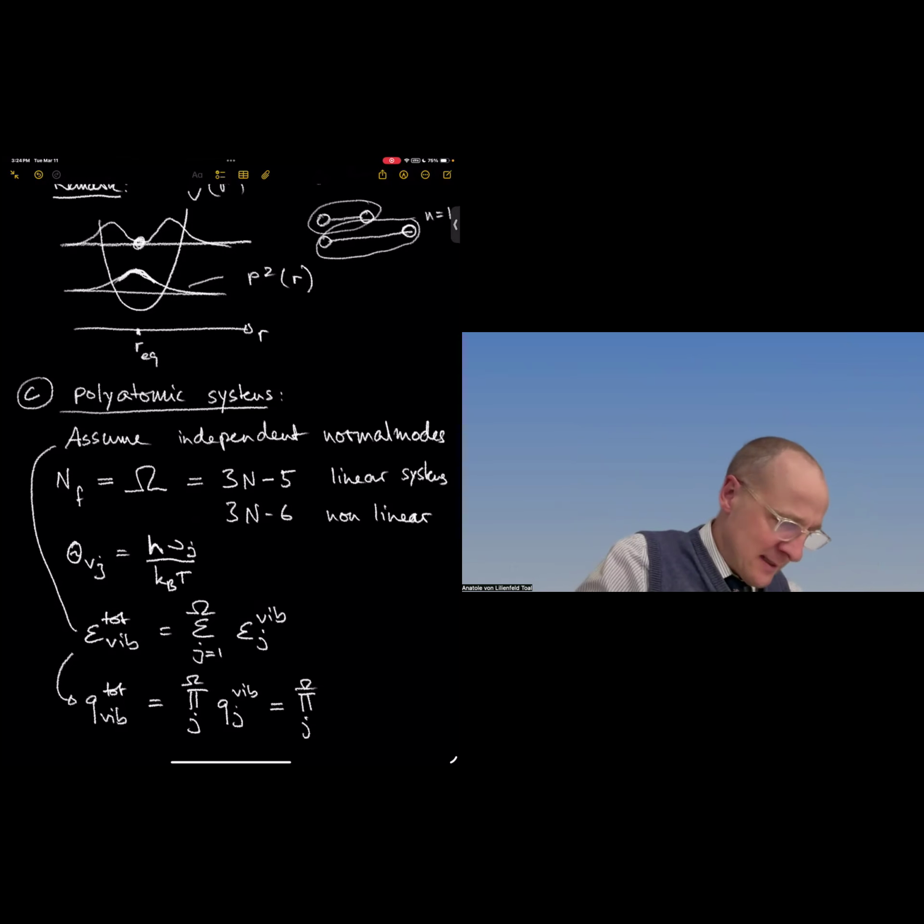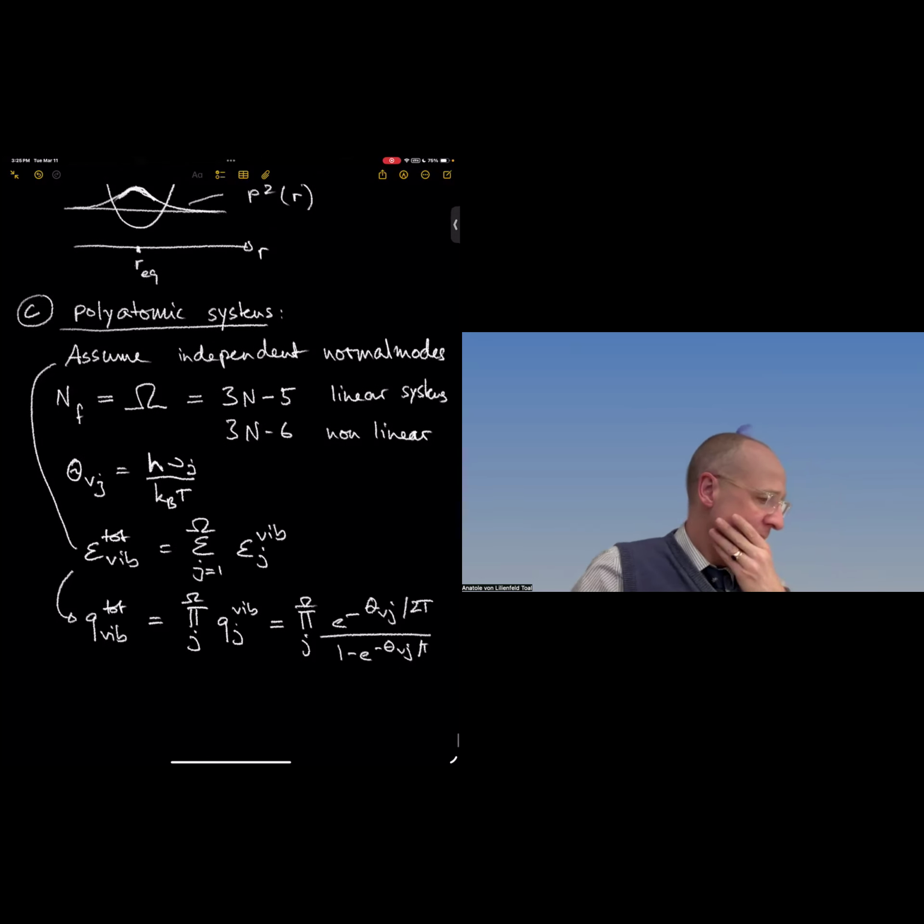That is this product of e to the minus theta vibration j over 2T divided by 1 minus e to the minus theta vj over T. So this is pretty straightforward.